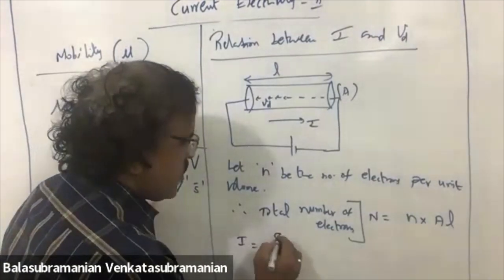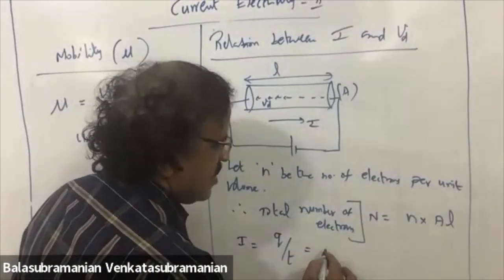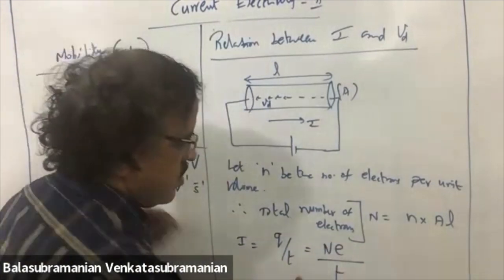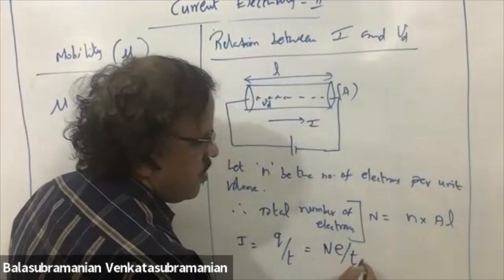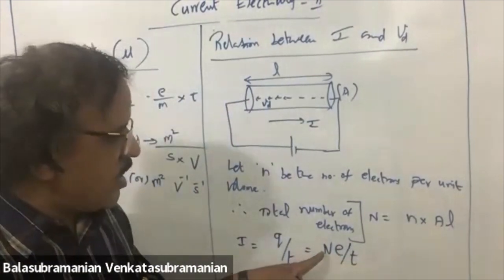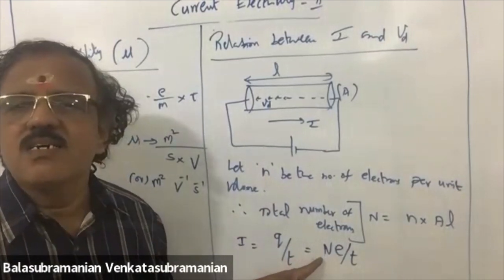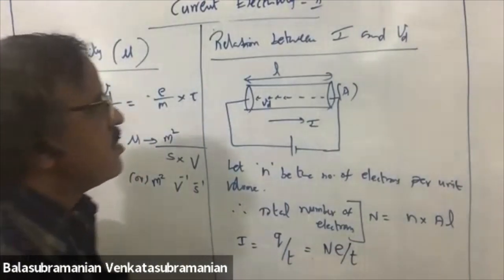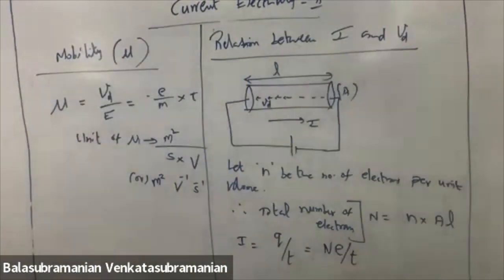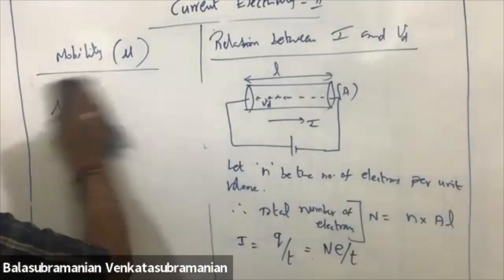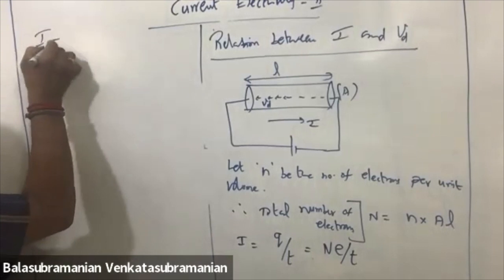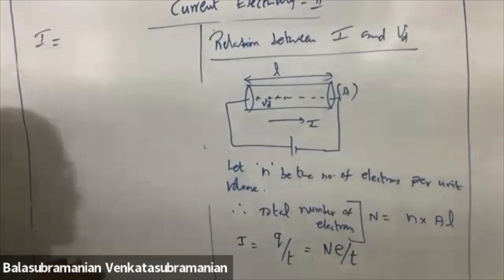Current is equal to charge by time. Charge is nothing but NE. Total charge Q is equal to NE, where we put capital N here, into E by time. So I can write I is equal to NE by t.